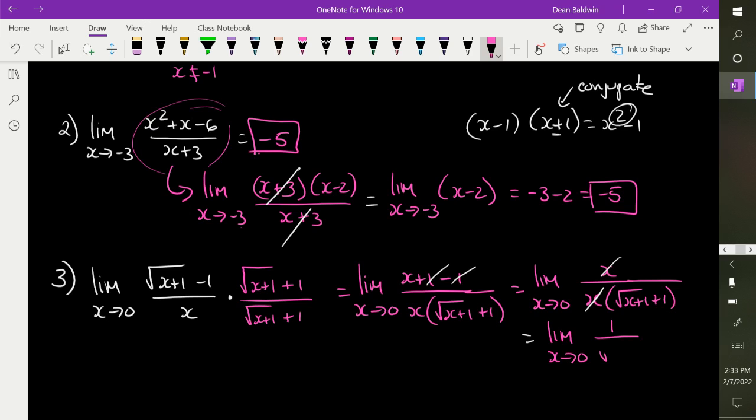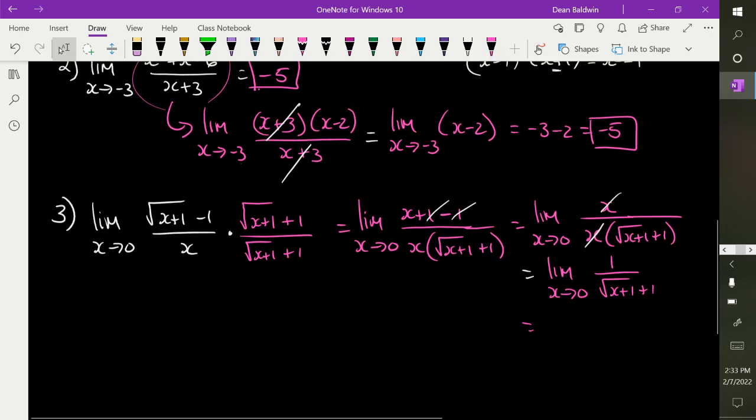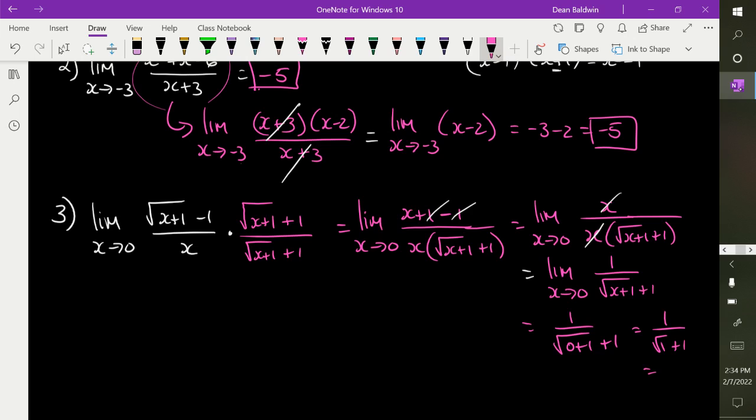I got 1 over root x plus 1 plus 1. Now it is defined because we removed the discontinuity at x is equal to 0, so I can plug that in. And I get 1 over the square root of 1 plus 1 is 1/2.